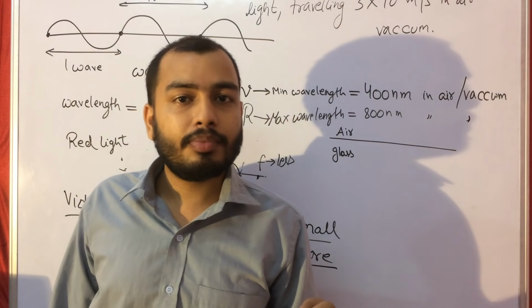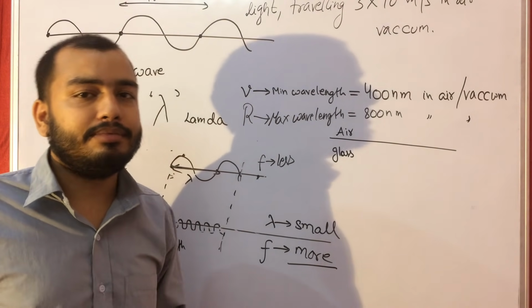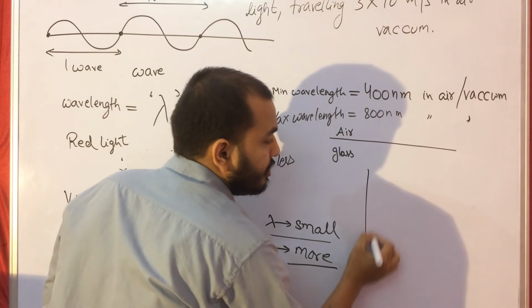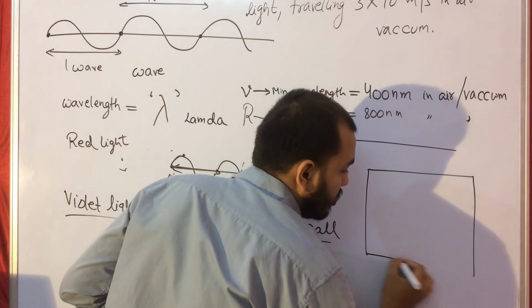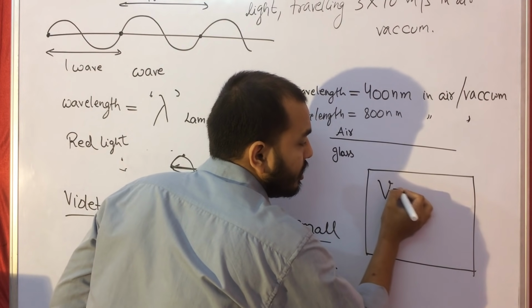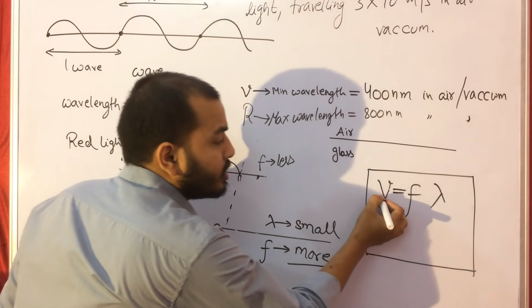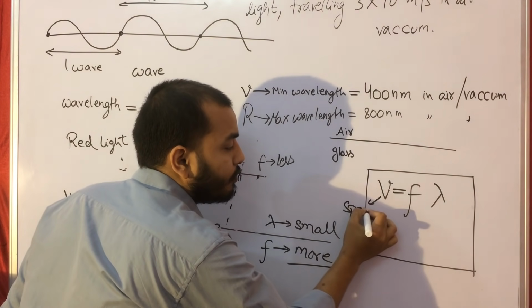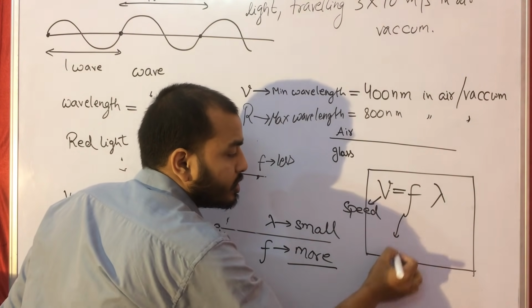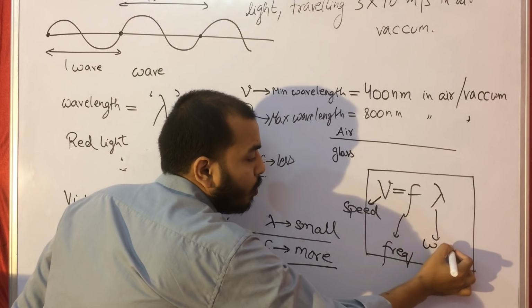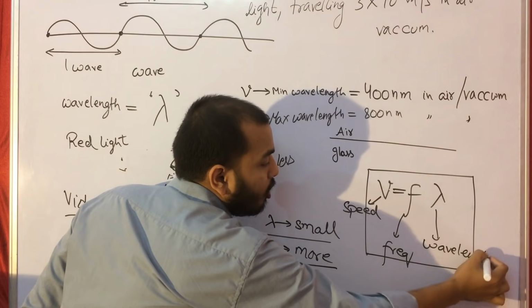Number of waves produced in 1 second. Okay. There is one formula that can relate it all, and that is v = f lambda. V denotes the speed of the wave, f denotes the frequency of the wave, and lambda denotes the wavelength of the wave.